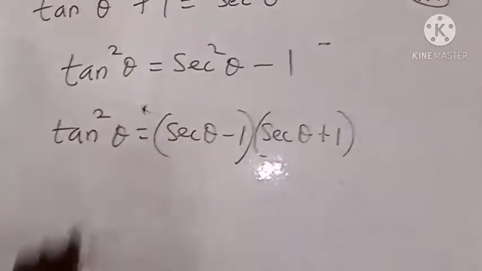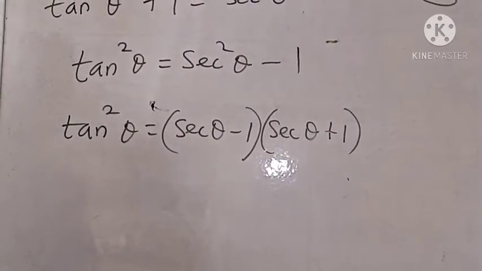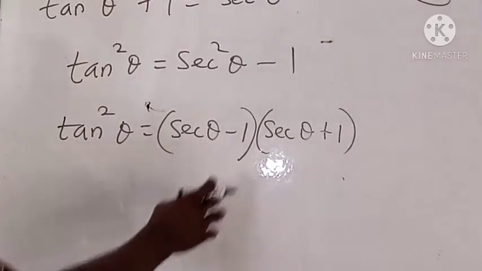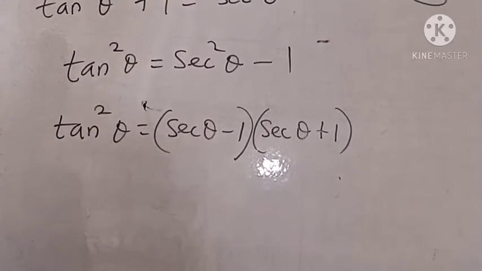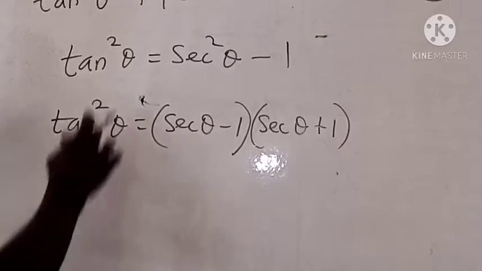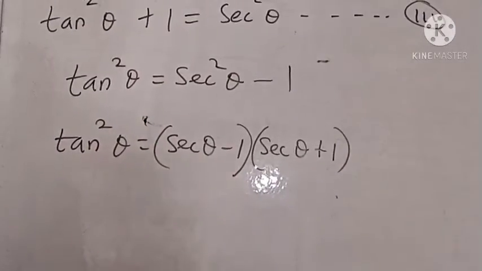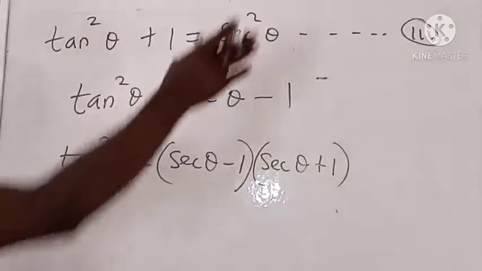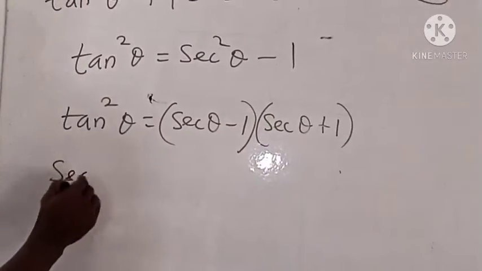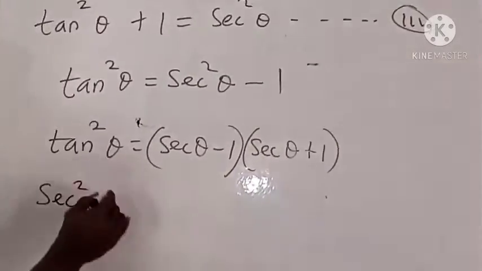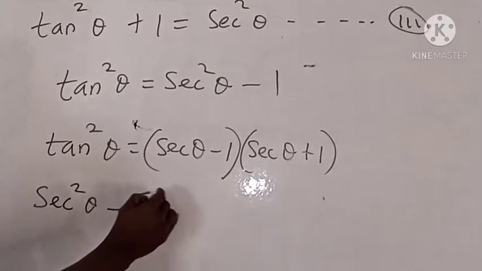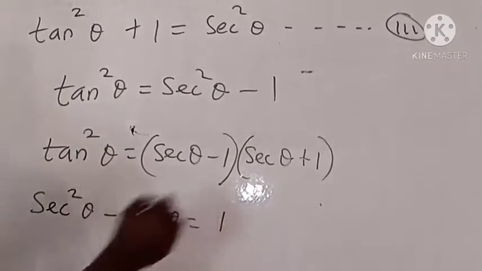So tan squared theta can be sec squared theta minus 1 and can also be sec theta minus 1 sec theta plus 1. If I choose to make 1 the subject from the third identity, it means tan squared theta will cross over, giving sec squared theta minus tan squared theta equal to 1.